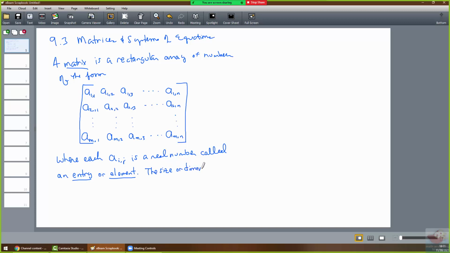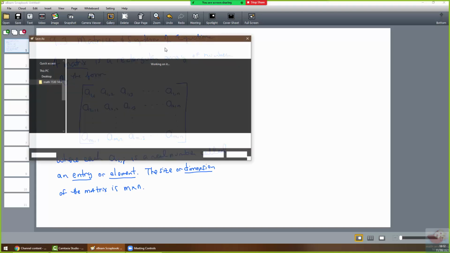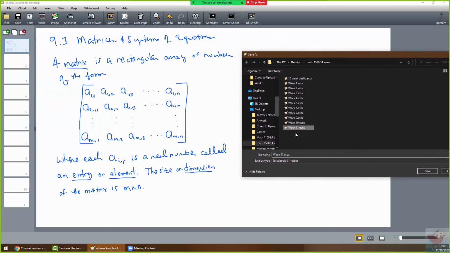The size or dimension of the matrix is m by n. So a lot to unpack here.